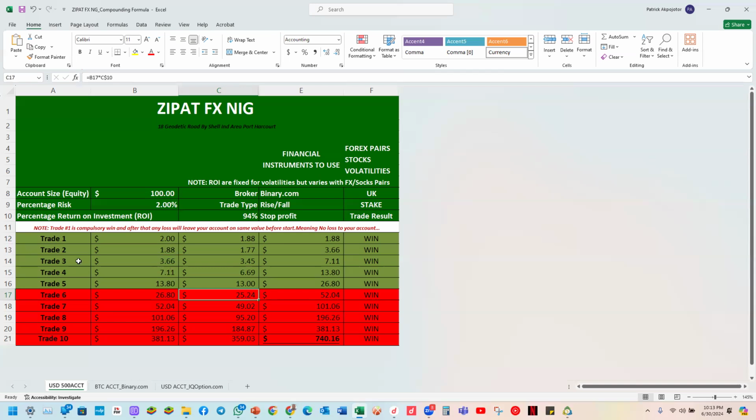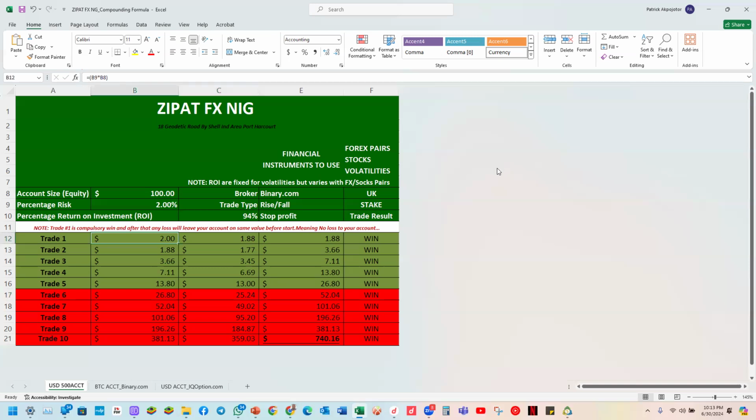If I take all these trades, trade 1, trade 2, trade 3, even to trade 10, let's say I win up to trade 9 and I lose trade 10, this $100 will still be in my account. The only time I will lose from this money is if I lose this first trade. I put this first trade and I lose it. That's the only time I will lose from this money.